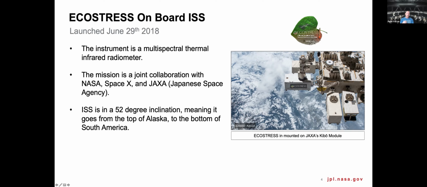Rather than spend a lot of money putting the sensor on its own platform, we can put it on the ISS and give US taxpayers really good bang for their buck, so to speak. Since it's on the ISS, it's at a 52-degree inclination, meaning it reaches the tip of South America and about the top portion of Alaska, so we can start studying the diurnal cycle in these areas.